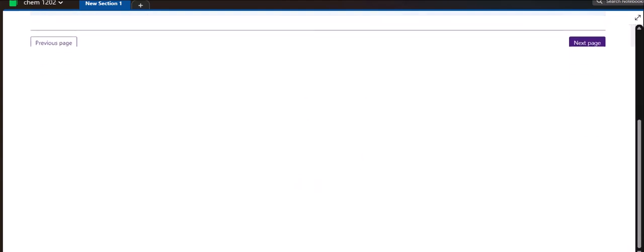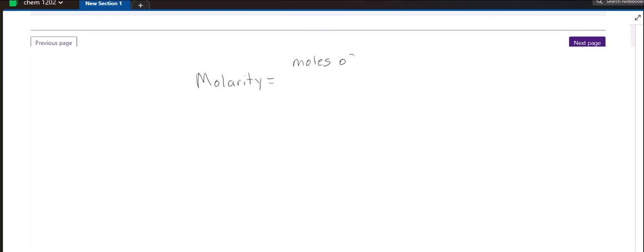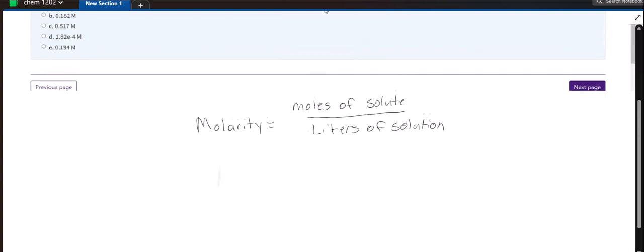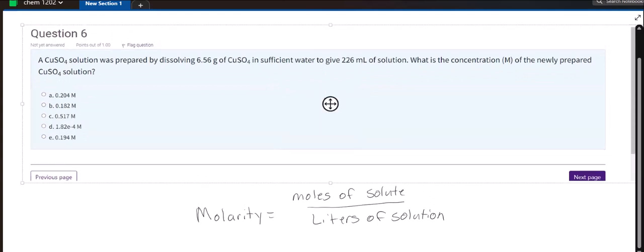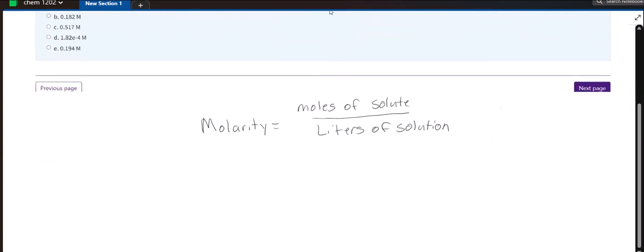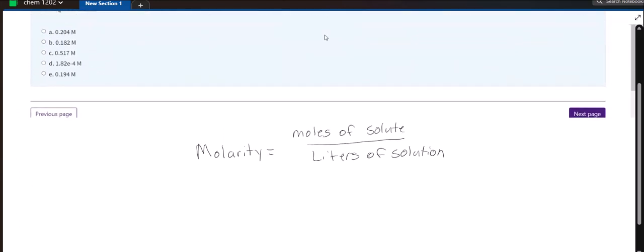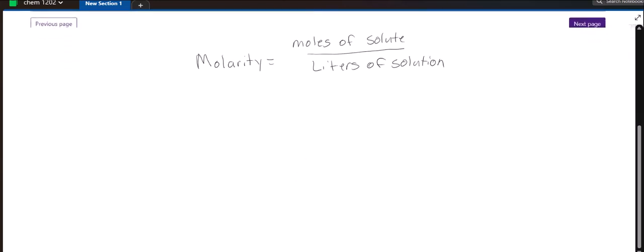So all you need to know for this is that molarity equals moles of solute over liters of solution. And in this problem we are looking for concentration, so we're looking for molarity, so we already have this set up right. We're given mass, and so we need to be able to change mass to moles.